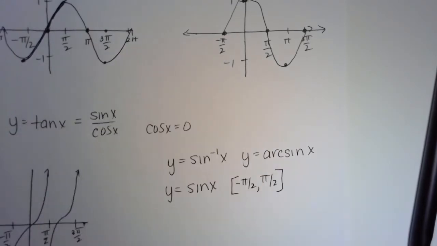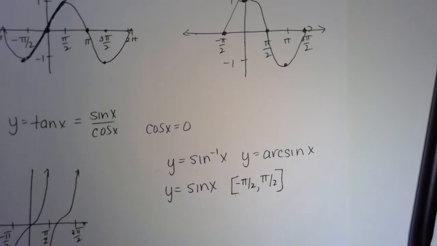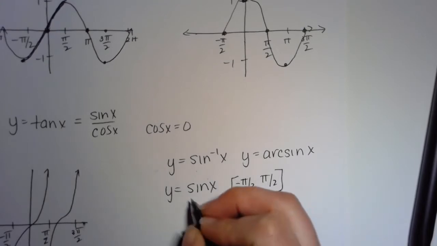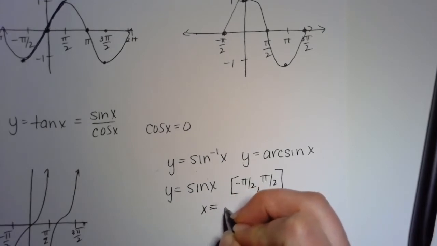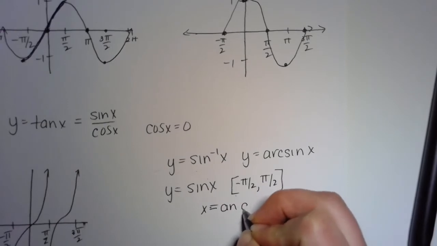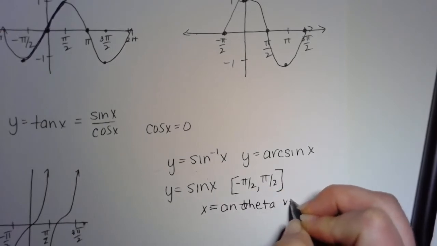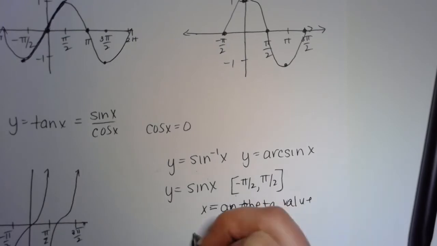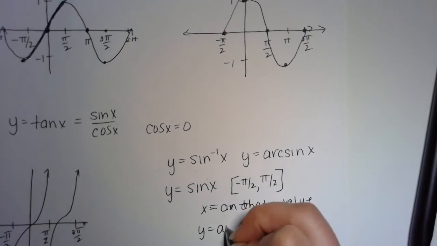Okay? So that means that when I use this, I can use my inverse function, which is y equals inverse sine. Now remember, when I plug in x in y equals sine of x, it is an angle, or a theta value, and y is basically the arc measure.